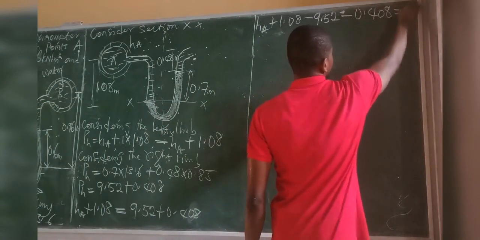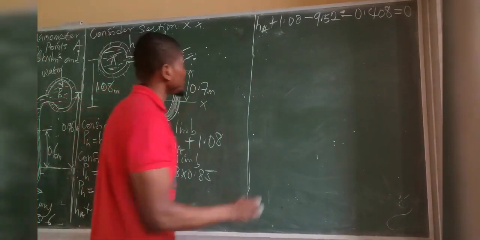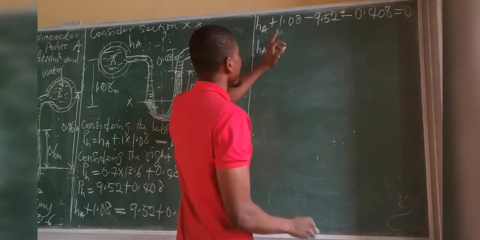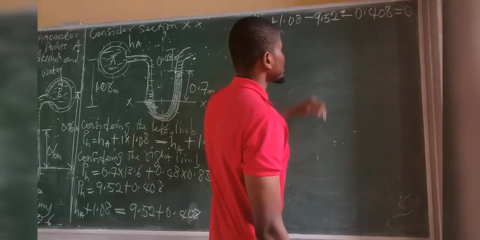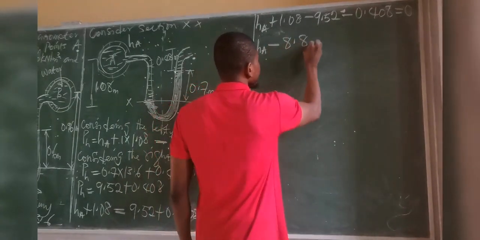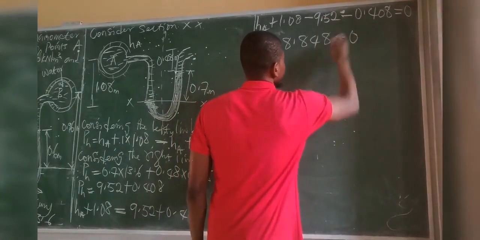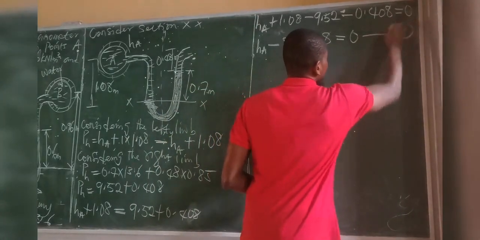This is equal to 0, since I've transferred everything there. Hence, I'll have HA, and 1.08 minus 9.52 minus 0.408 gives minus 8.848, equal to 0. So you simply call this equation 1.